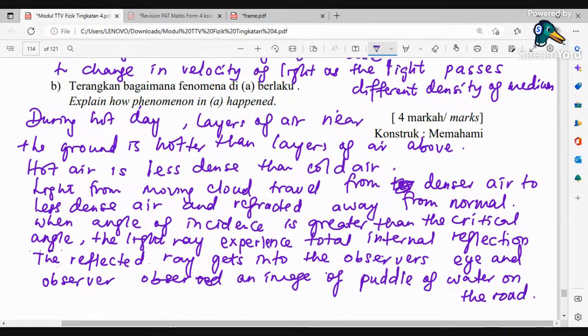Yeah, agak panjang tak tahu. So I just write all the important explanation for this one.